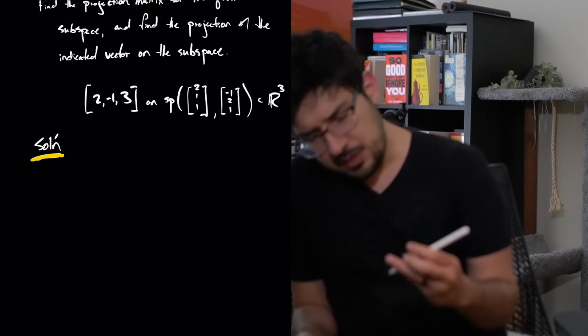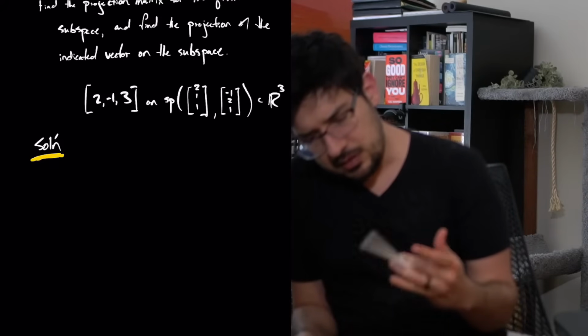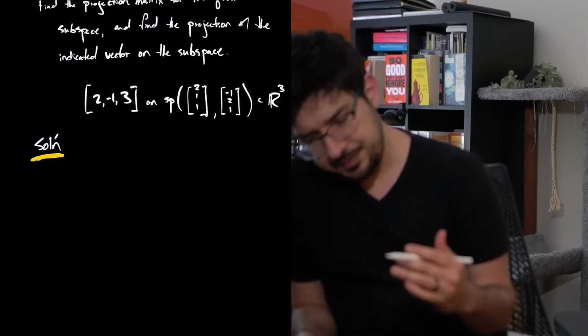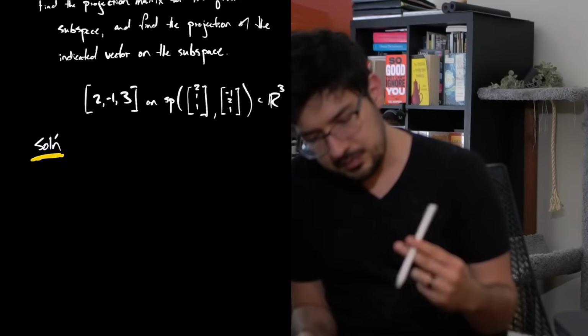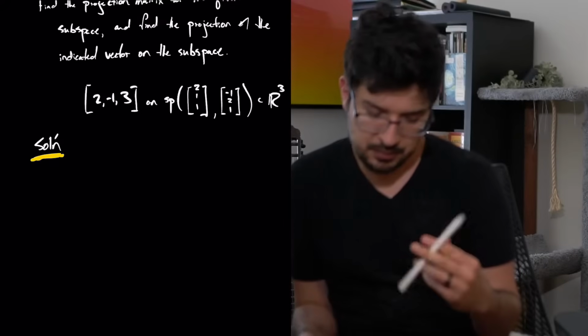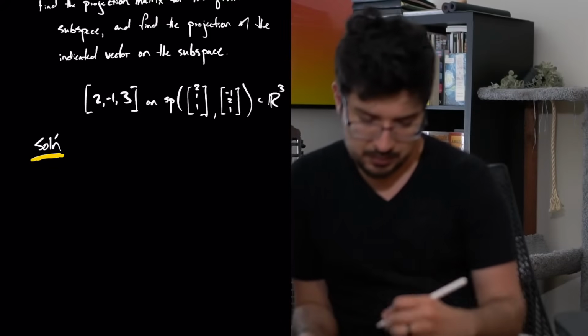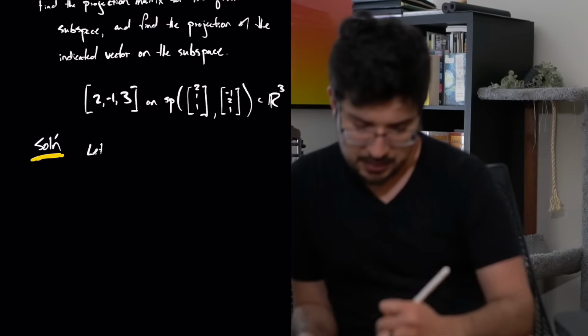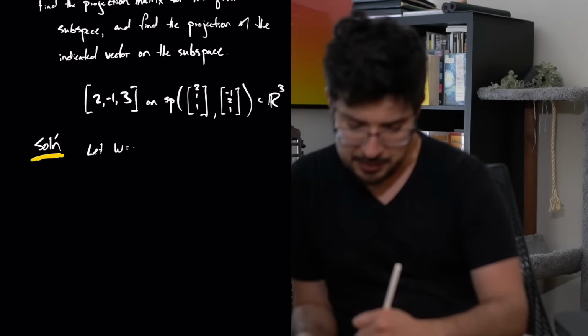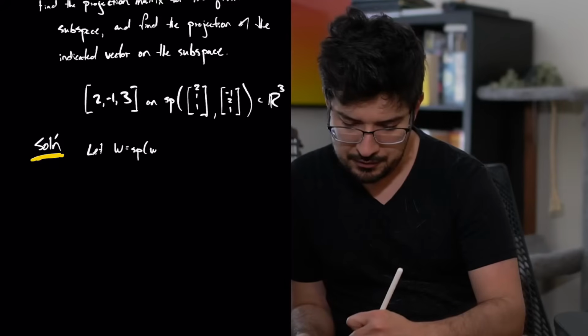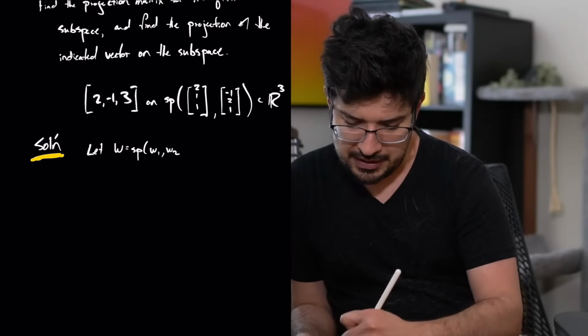Or do we start with an orthogonal matrix? Okay, so let W be the span of two vectors.